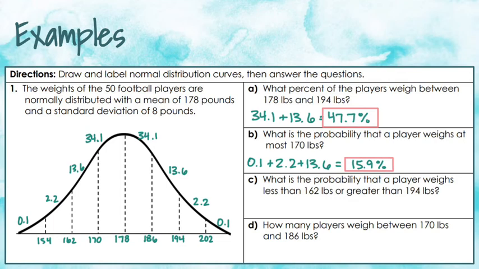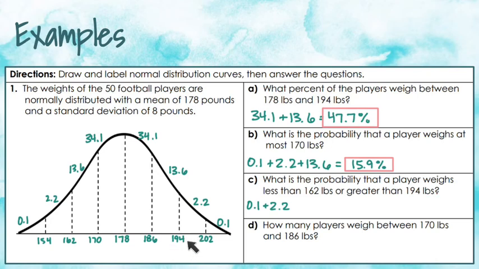Part C says, what is the probability that a player weighs less than 162 pounds or greater than 194 pounds? So 162 pounds is right here, and less than that would be these two sections. So we know that we're going to have 0.1 plus 2.2. But we also want to include greater than 194 pounds.